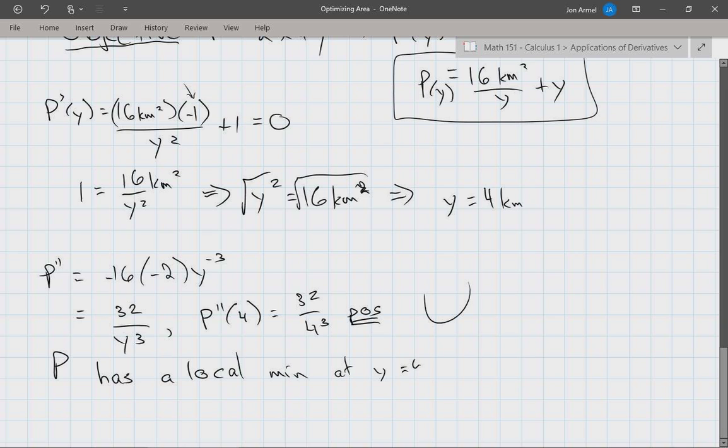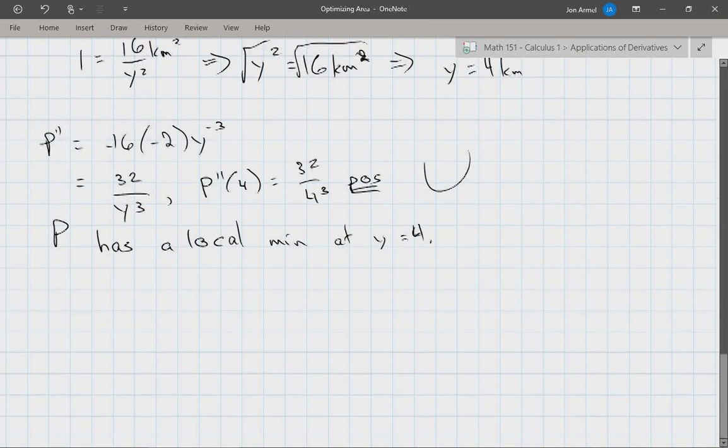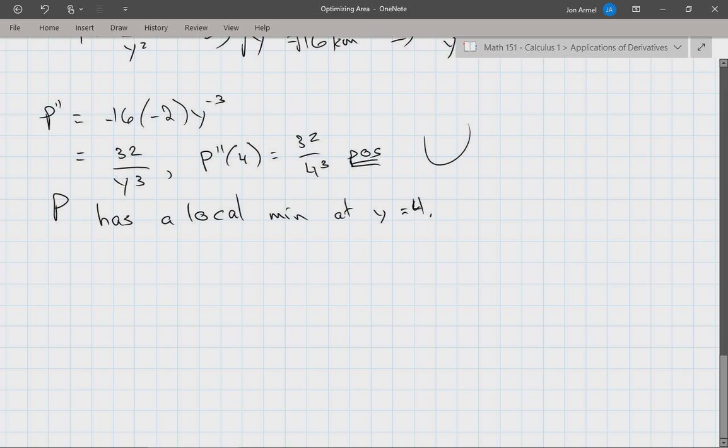So p has a local minimum at y equals 4. But I'm not supposed to find a local minimum, right? I need to find a global minimum. How could I possibly do that? Well, I have a rule for that. There is only one critical point.